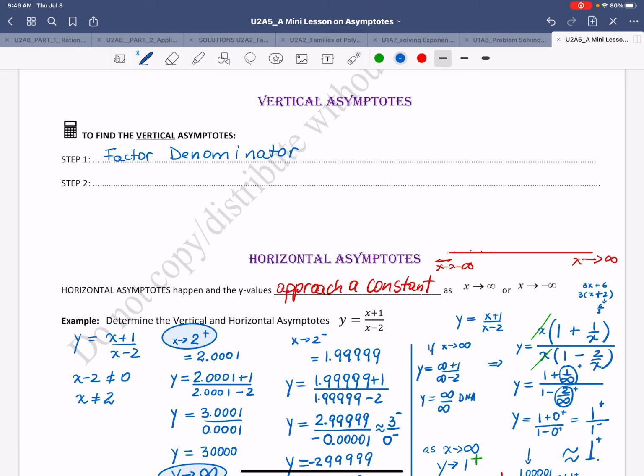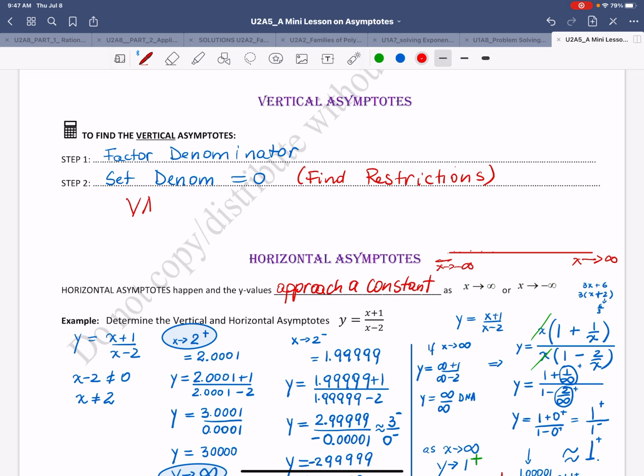So a shortcut for vertical asymptotes is factor the denominator and then set the denominator to 0. So that means find the restrictions. And the restrictions of a rational function are actually the vertical asymptotes.